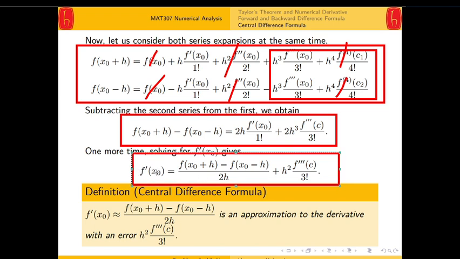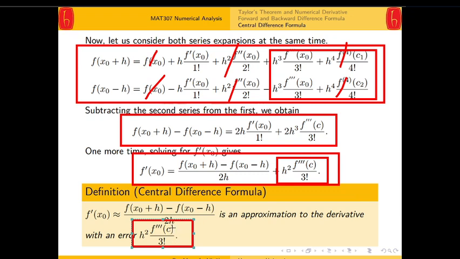This is the definition of the central difference formula. The first derivative of f at x naught is approximated by this formulation, and its accuracy is h squared times the third derivative of f at some point c divided by 3 factorial.